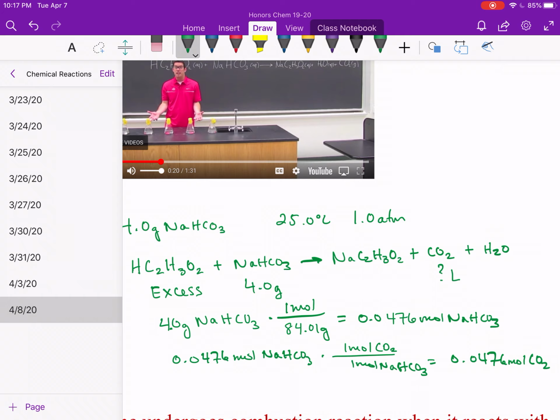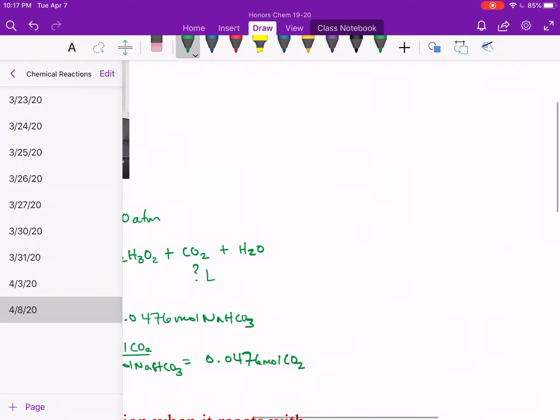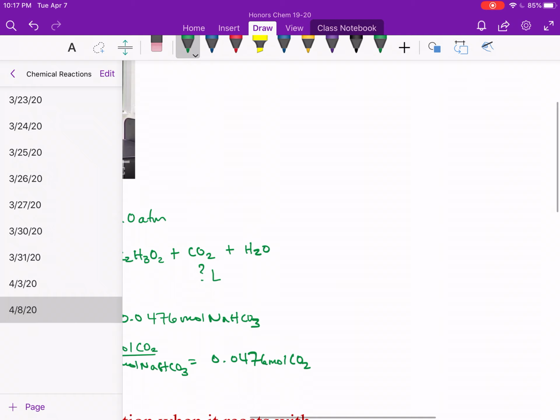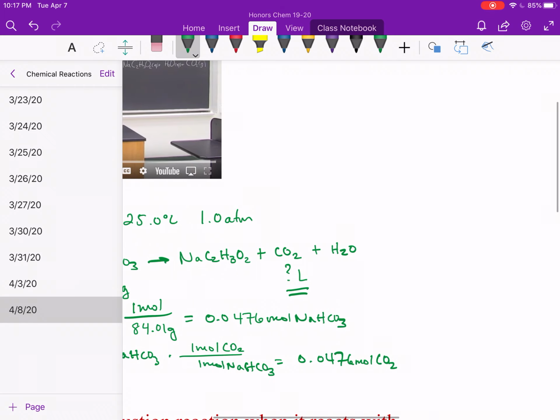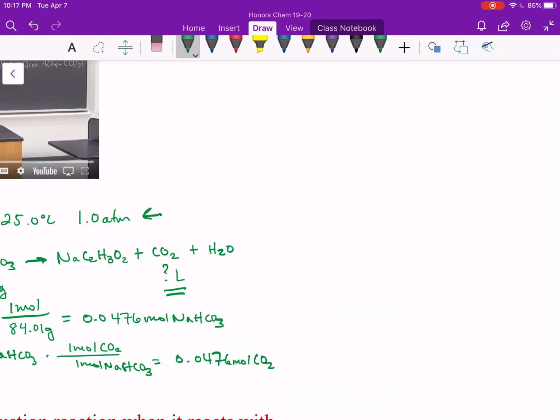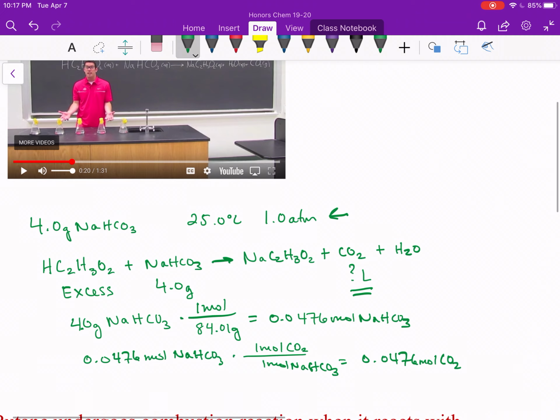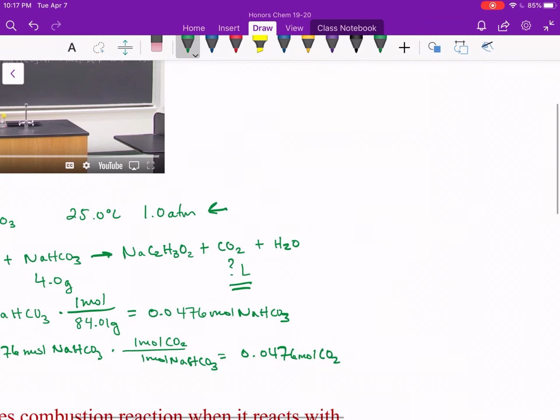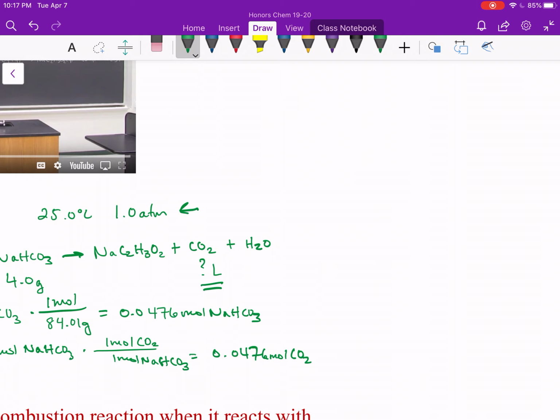Now the question is, what do we do with that? I'm going to move over here and say, well, we don't want moles, we want to know what liters is. We have moles of gas at a certain temperature and pressure. We have it right here. So how do we do this? Hopefully now you remember that if we're looking for the volume of a gas at a particular temperature and pressure, we can use PV equals nRT.